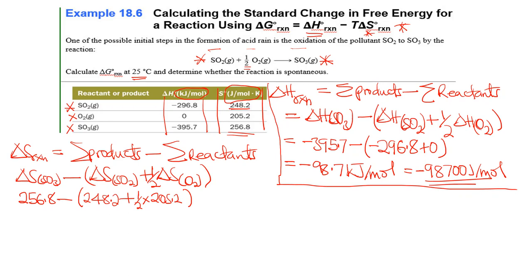When you calculate that, you find that the change in entropy is negative 94.0. Now the units are joules per mole per K.